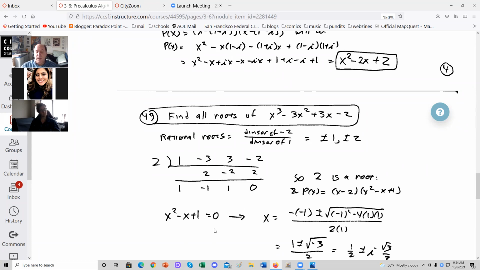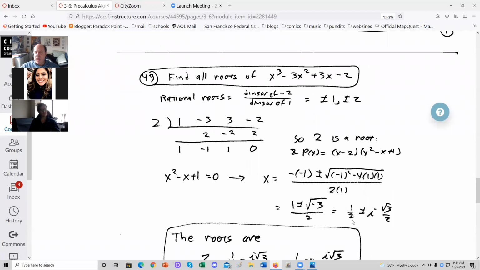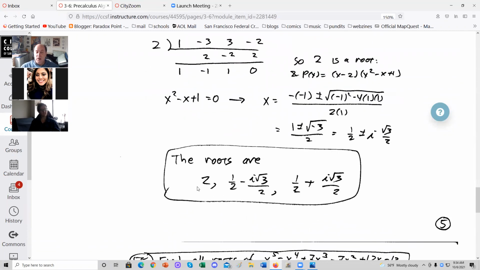And for that, you use the quadratic formula. Minus a -1 plus or minus the square root of -1 squared minus 4 times 1 times 1, over twice 1. After a bit of arithmetic, it's a half plus or minus I times √3 over 2. So those are the roots: 2, a half minus I √3 over 2, and a half plus I √3 over 2.